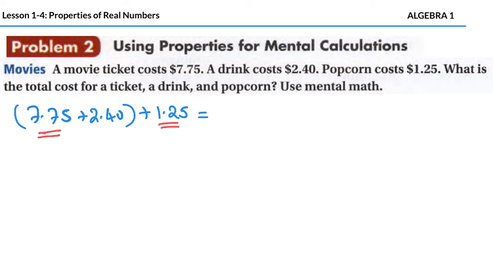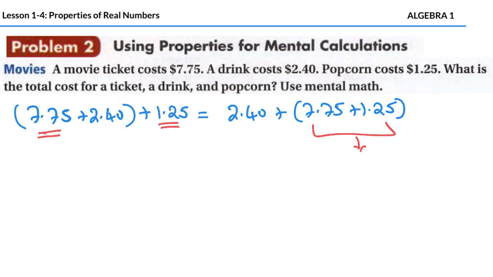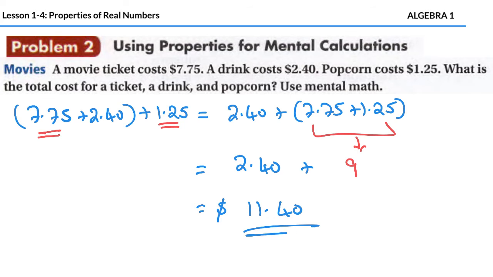So, I can group 2.40 plus 7.75 and 1.25. I can add that first. So, what will I get if I do that? This will give me 9, easy to calculate. And then I can add 2.40 to 9, which will give me $11.40.